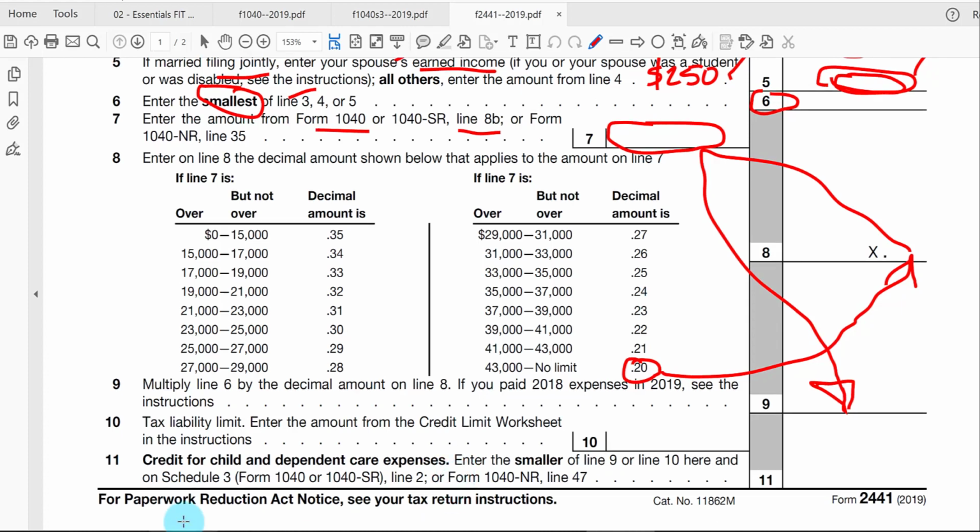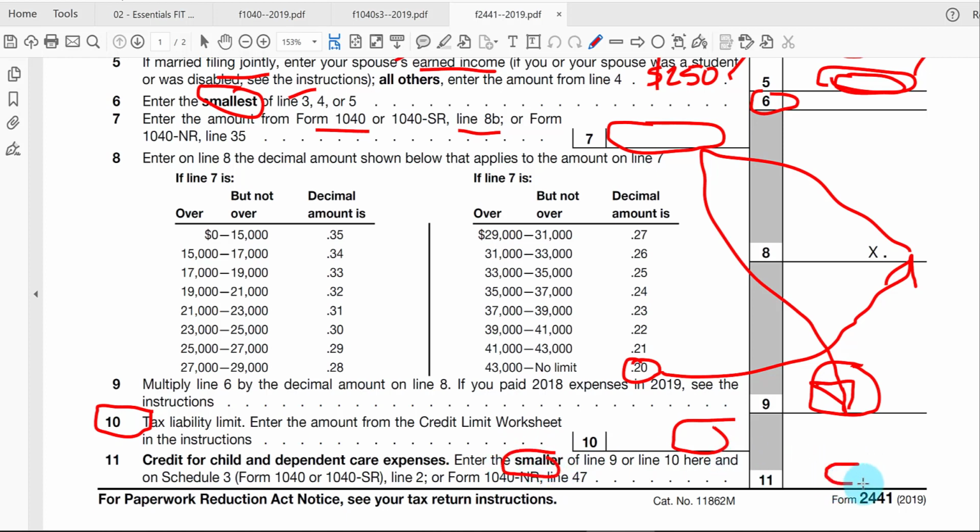So basically that tax you owe for the year is reported here in line 10, reduced by any previous credits like that foreign tax credit we talked about earlier. So you look at the tentative child and dependent care credit, look at your tentative tax, and you pick the smaller so the tax liability doesn't go below zero.